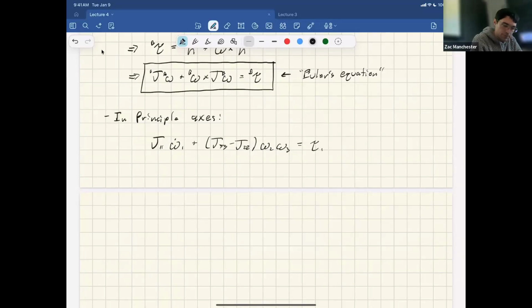And I guess these all have little p superscripts for principal axes if you want to be really pedantic about it. And this is really easy to derive, right? You just plug in a diagonal J up there and write it out in components. It's basically just expanding that cross product out to get this middle term.